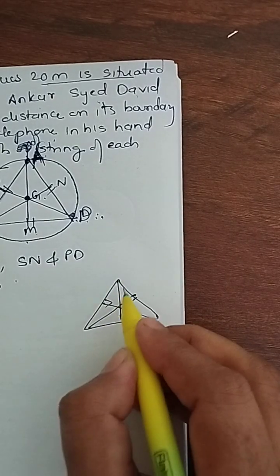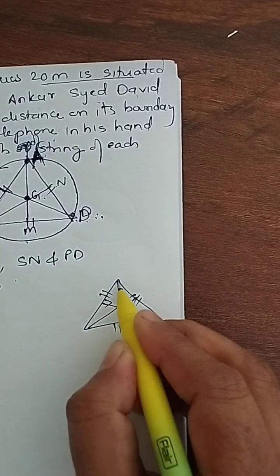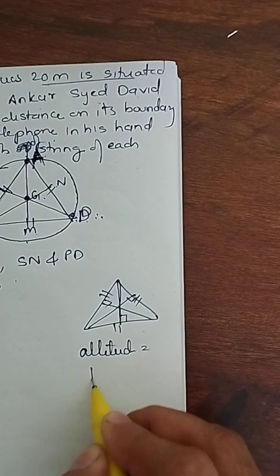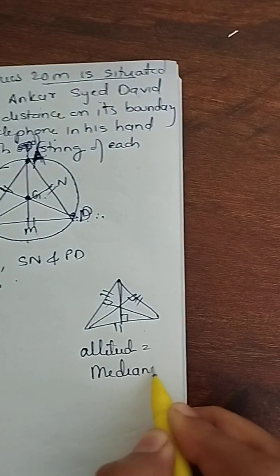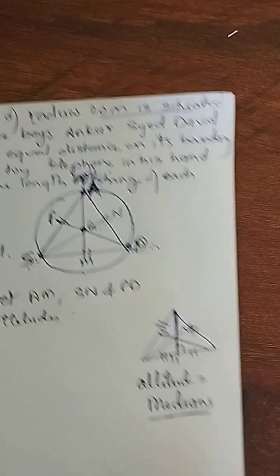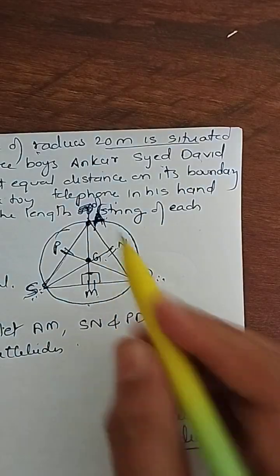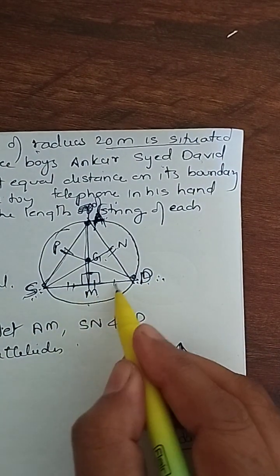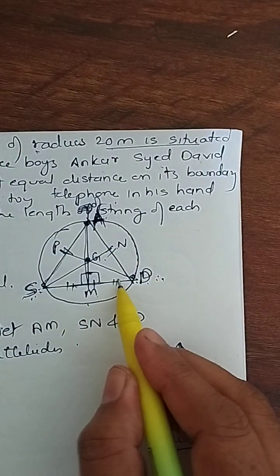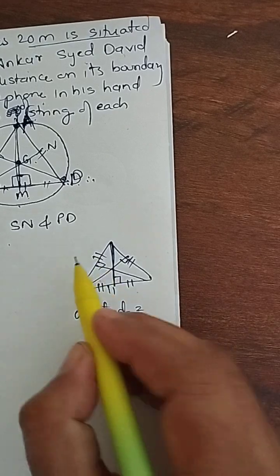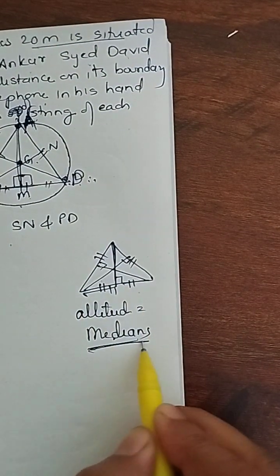And when it is an equilateral triangle, the altitudes are also equal to the medians. A median is a line which divides it into two equal parts, isn't it? When this is perpendicular to the chord, it bisects the chord. So these two are equal, and when these two are equal, AM also becomes the median. The altitude itself becomes the median.